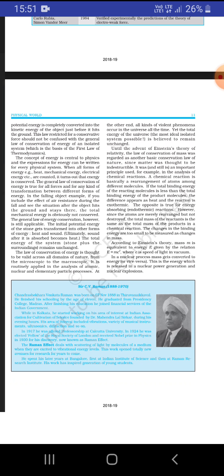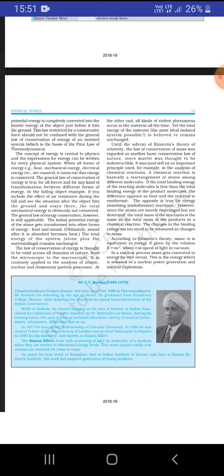A chemical reaction is basically a rearrangement of atoms, in exothermic and many other reactions. However, since the atoms are merely rearranged, we can rearrange the atoms but we cannot destroy them. Conservation of mass you learnt in your lower classes.